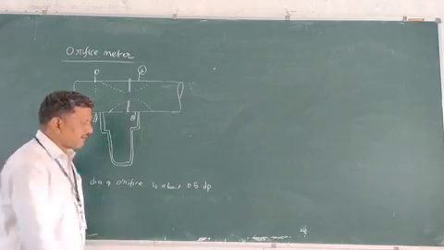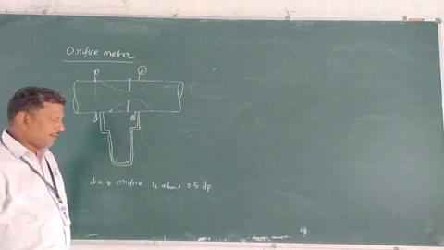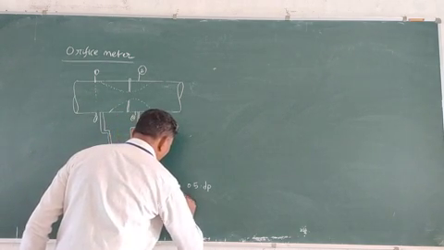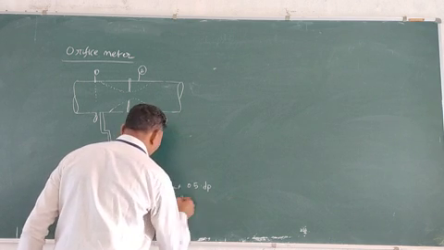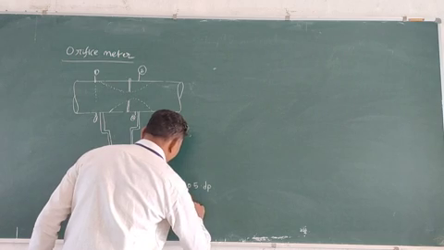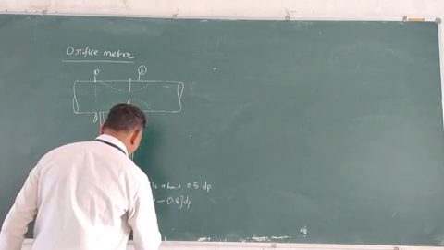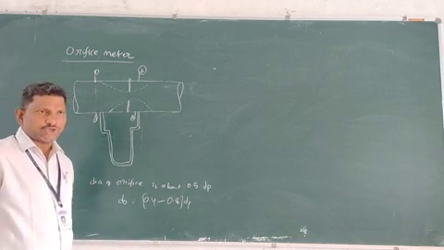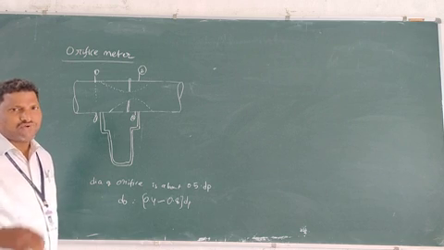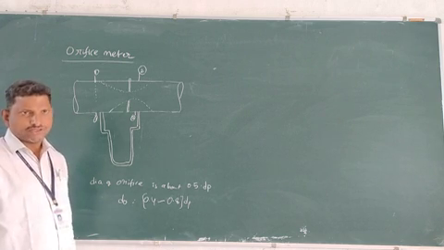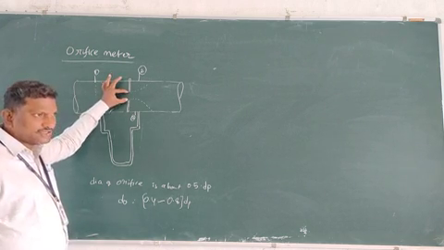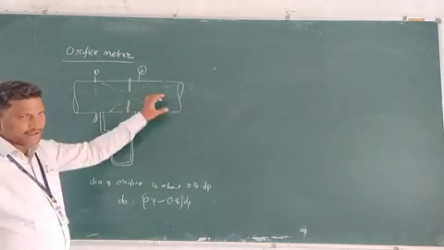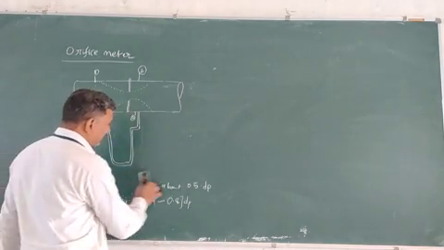It may vary between 0.4 to 0.8 of the diameter of the pipe. Generally we will keep 0.5, that is half of the diameter of the pipe. So orifice diameter is equal to half of the pipe diameter.